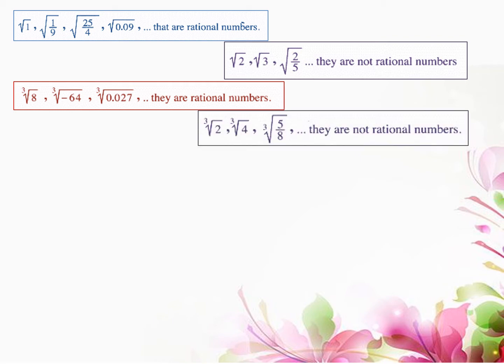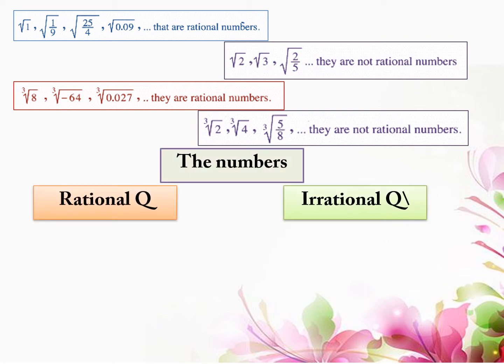By the same way, the cube root of non-perfect cube numbers are not rational numbers. So we can classify numbers into rational and irrational.